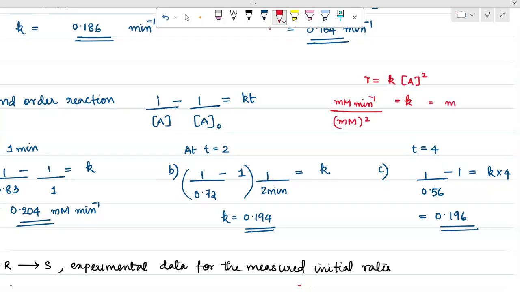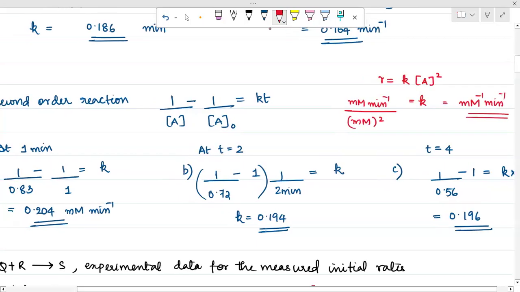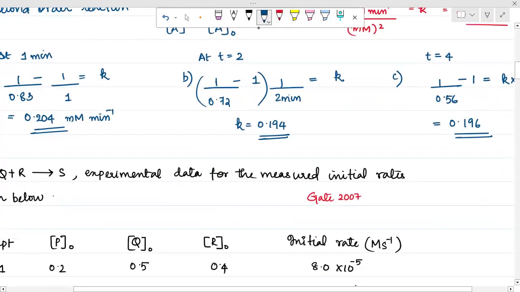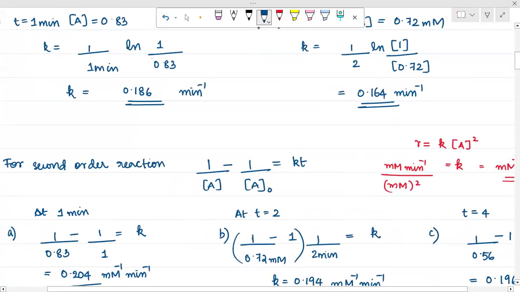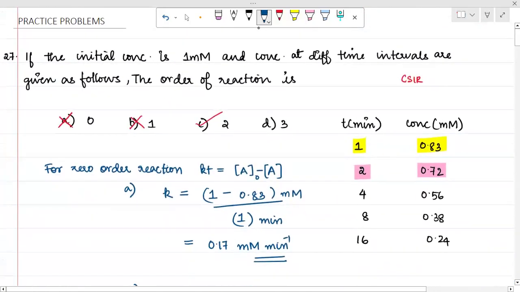So finally, whatever you get is per millimolar per time. Sorry, per millimolar per minute, because concentration is at the bottom and time is also at the bottom, so when it comes to the numerator it becomes per millimolar per minute. Okay, so that's easy. So the correct answer to this question is option C, second order reaction.